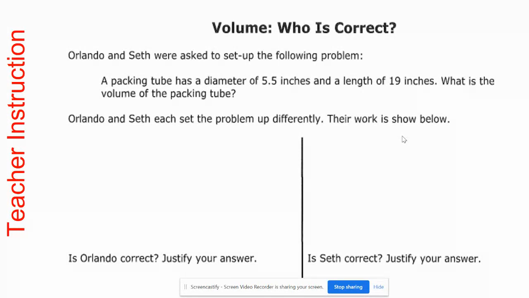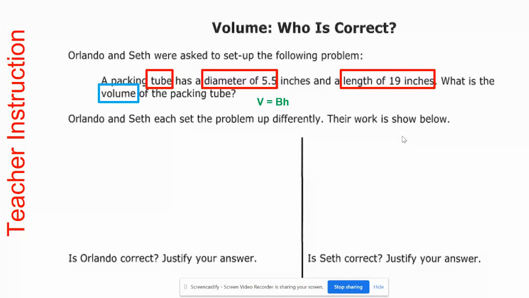It says packing tube. That's a cylindrical figure. We're also given the diameter. We have the length, but in this case, it represents the height. And we're asked to find volume. So we're going to use the formula V is equal to big B times height. Remember I said when we see big B, we have to break it down.